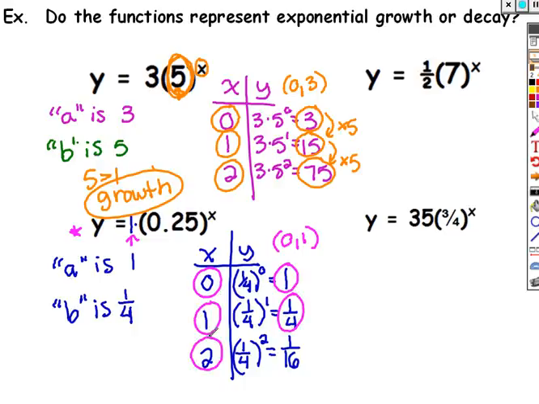If I take a fourth and square it, I get out a 16th. So here what's happening is as x is increasing, y is actually decreasing. It's being multiplied by a fourth. So since my b, or my decay factor, is in between 0 and 1, this is going to represent exponential decay.